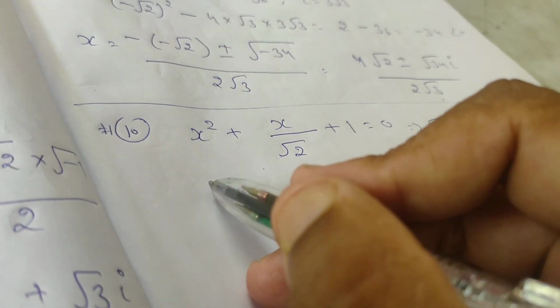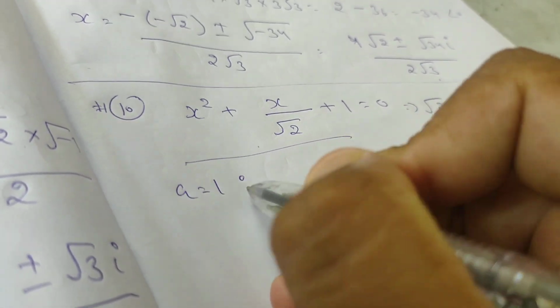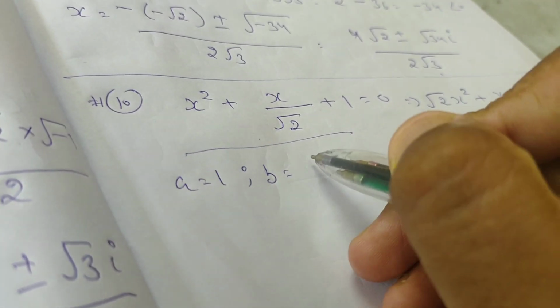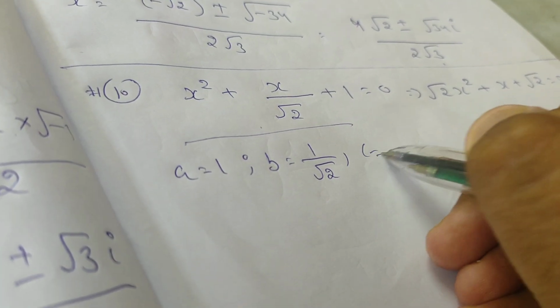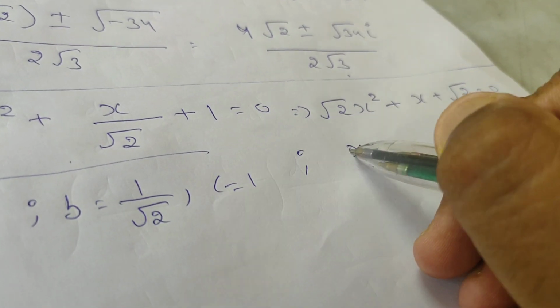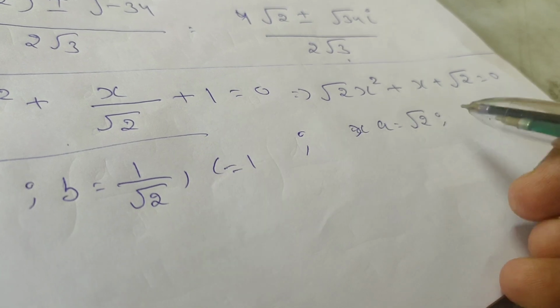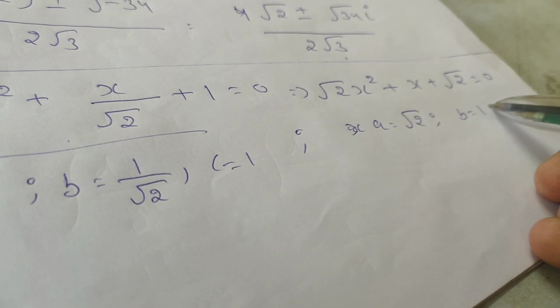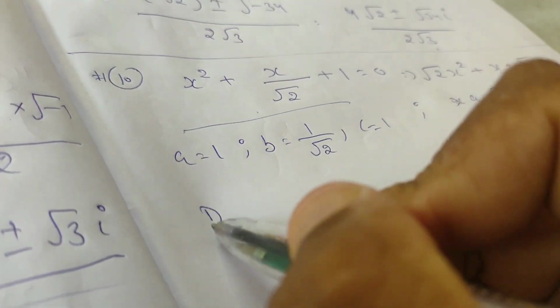Okay beta, in this way we get a is equal to 1, b is equal to 1 by root 2 and c is equal to again 1. In this manner we get a is equal to root 2, b is equal to 1 and c is equal to again root 2. In this, what is the value of d?